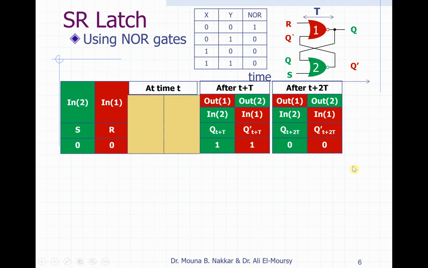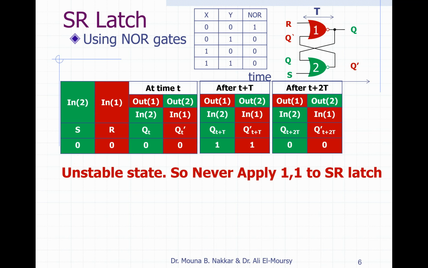Can you see what happens to the circuit here? The circuit turns out to be unstable because automatically and endlessly the Q and the Q bar will go from both zeros to both ones, to both zeros to both ones, and so on. So the circuit will never stabilize, because here I cannot use it either for reading or writing, because the Q and the Q bar turn out to be unstable.